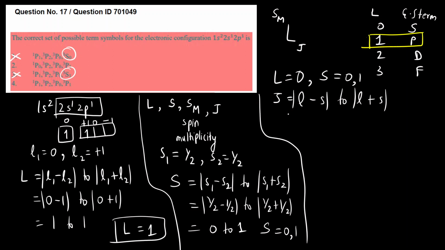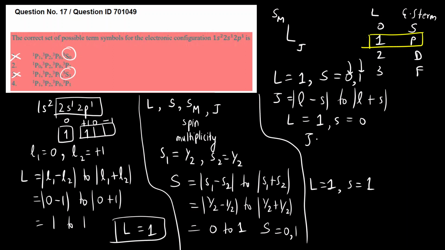Sorry, the value of L we have found out is not 0, it is 1. So the first case is L equal to 1 and S equal to 0. The second case will be L is 1 and S is 1.